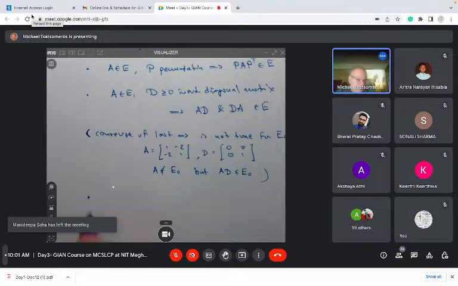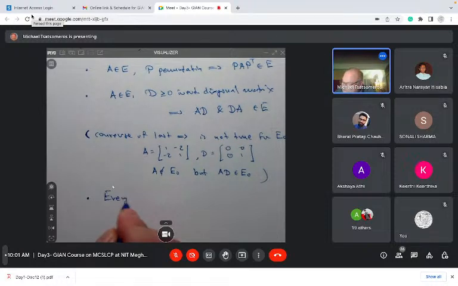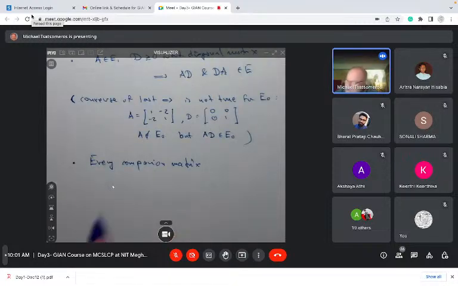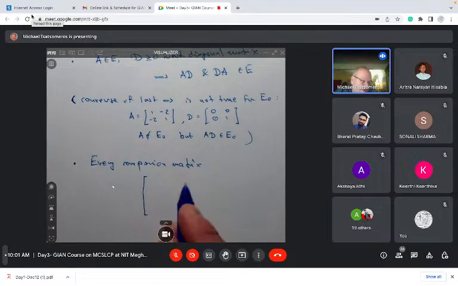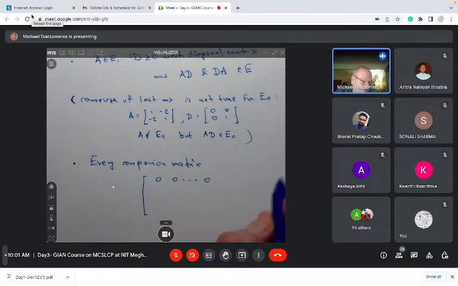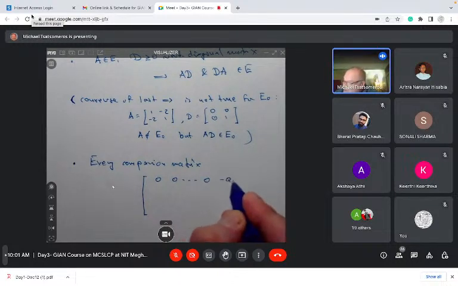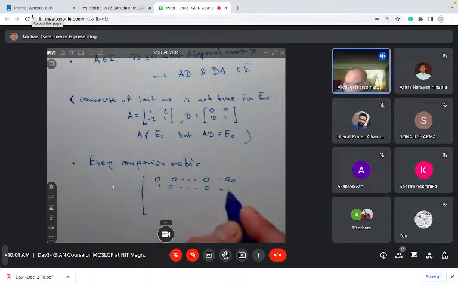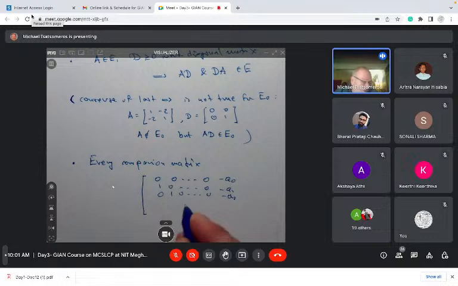Another simple fact: every companion matrix will answer another question of interest to me. What is a companion matrix? The companion matrix to a characteristic polynomial: rows 0, 0, minus a0, then 1, 0, minus a1, then 0, 1, 0, minus a2, and so on.